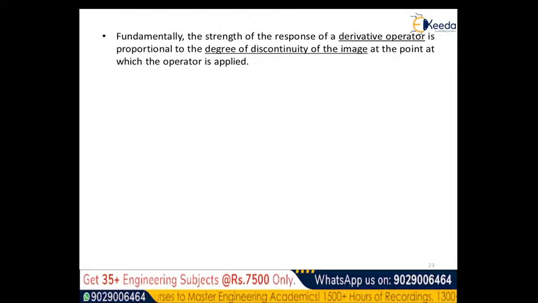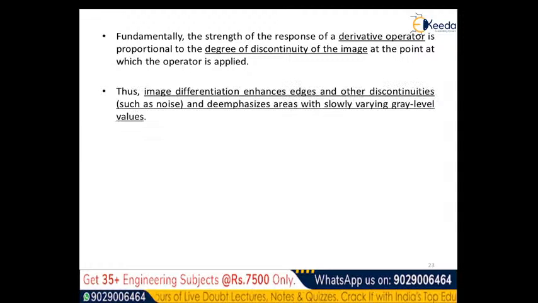When we have spatial differentiation, we have the derivative operator, which is proportional to the degree of discontinuity we see in the intensity levels in the image plane. So when we use this for spatial filtering, it enhances the edges and other discontinuities like noise, and we get a sharp image. This point is very important. It has a behavior very opposite to the earlier behavior of the spatial filter.